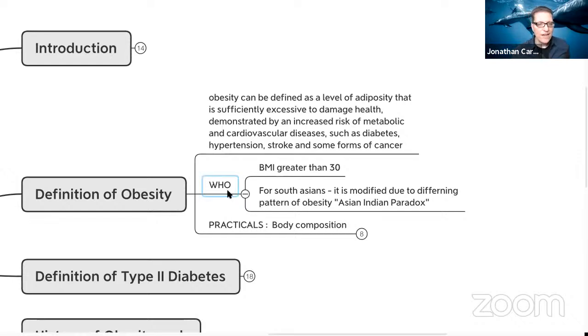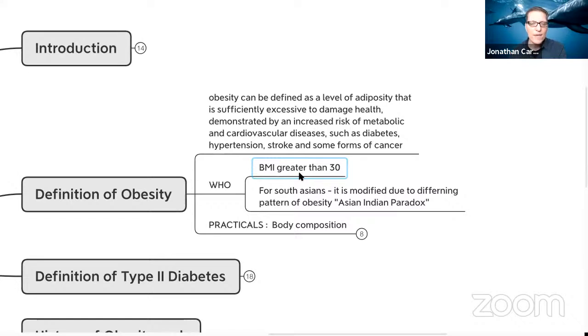The World Health Organization defines it as a BMI of greater than 30. Now, I think we spoke about body composition last week, and so we'll review a few of the things that we spoke about last week. But as we spoke about, BMI is not really the best indicator. One is that people who have higher muscle mass are going to weigh a little bit more because muscle weighs more than fat.